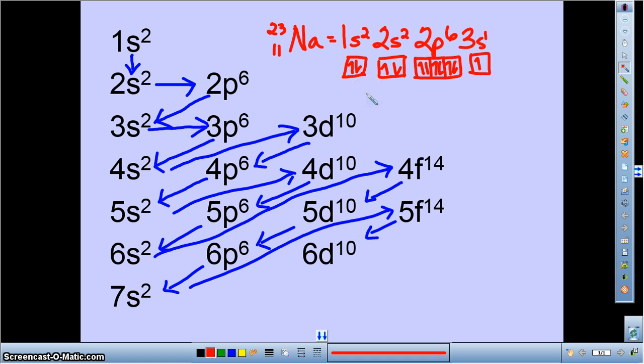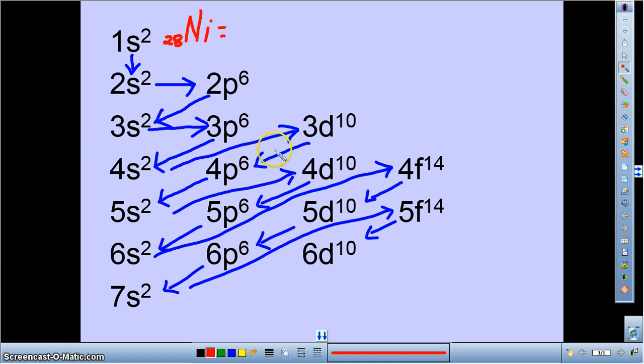Let's take a look at another example. All right, I've chosen one that has a lot more electrons. We're going to look at nickel, and it has the atomic number of 28, so 28 protons and 28 electrons. So we go ahead and start where we were. Start at the beginning, 1s2, that takes care of 2 electrons. Go ahead and draw that 1 box down here. We know they're going to have the next one filled as well, 2s2.